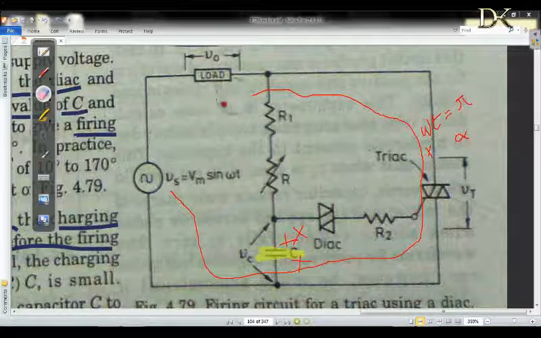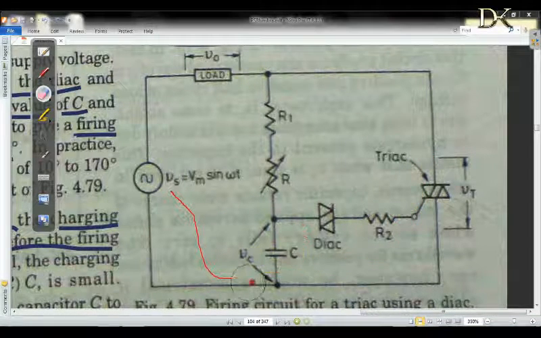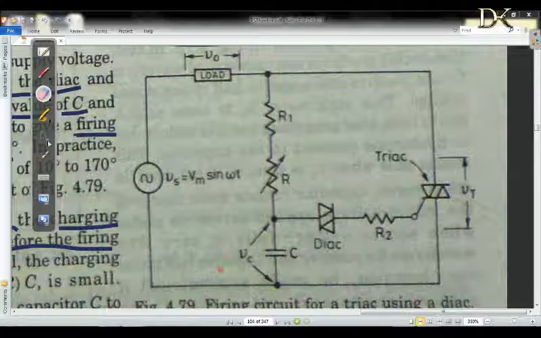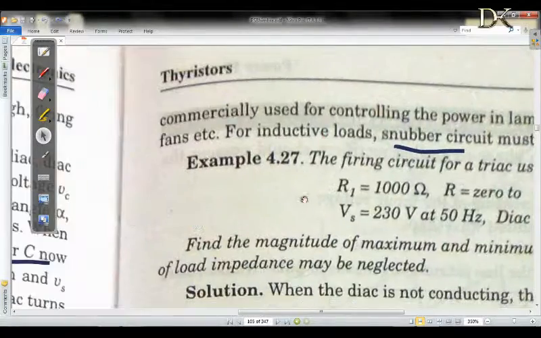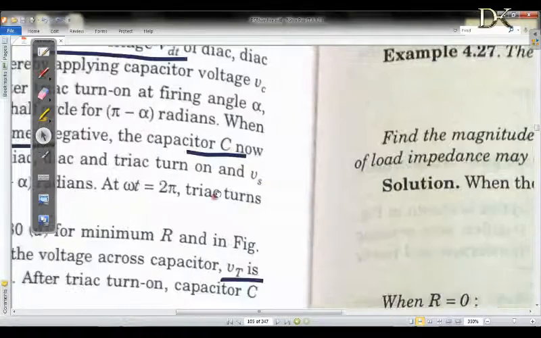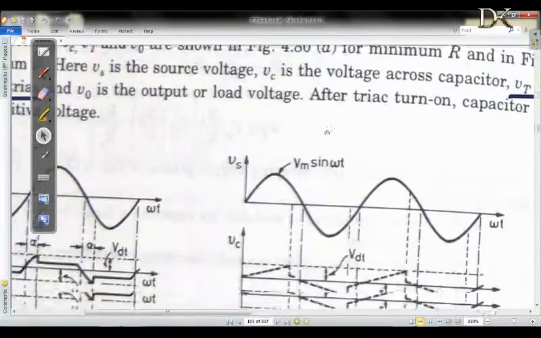Now you can see this with the help of the waveforms, and now I'm going to show you. So here are your basic waveforms.